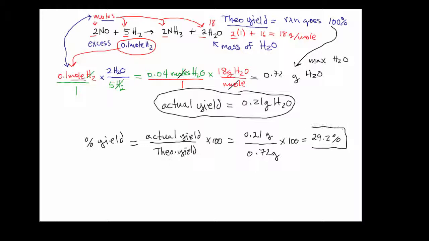Now, whether or not this number actually means anything, you have to know more about this reaction. What I mean by that is that you need to know about the energetics, number one. And like I said, I'm not going to get into that in this video, because the energetics may control this. You might not be able to do better than this. But the other side of the coin is the person doing the reaction and how many losses occurred over the process of carrying out the necessary steps to actually do this in the laboratory.